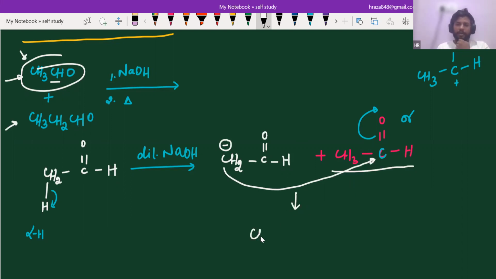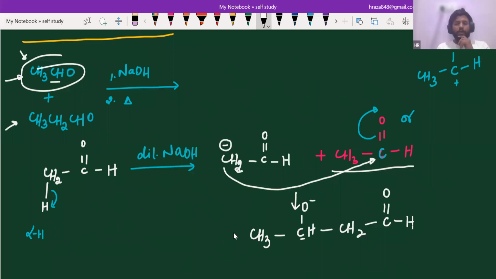So as you can see, this is your CH3 and this is CO negative, and there was H. Since it has negative charge, it has 2 electrons, so it will donate one of its electrons to this carbon and make a bond with this CH2. After this CH2, there was C double bond OH.